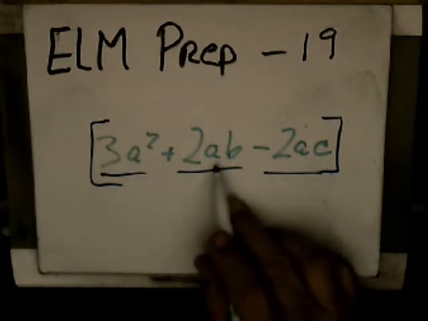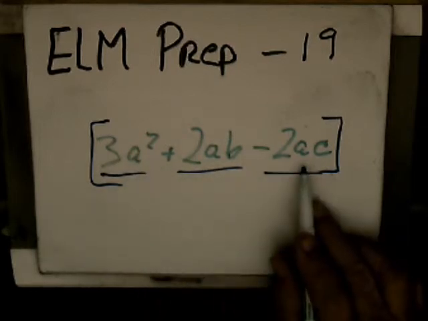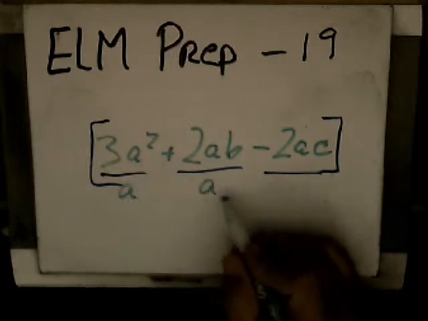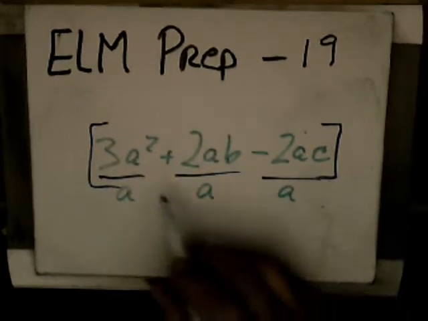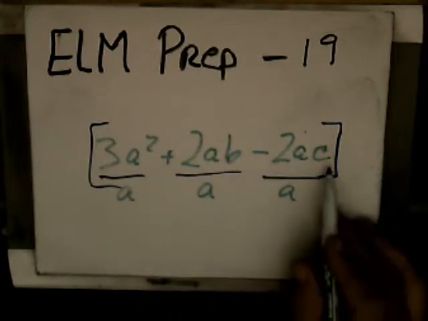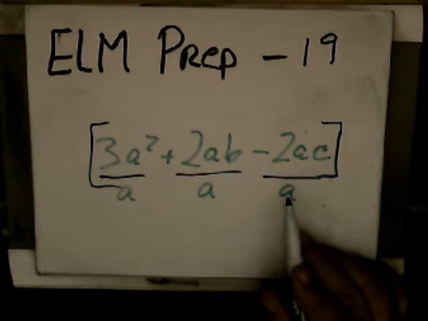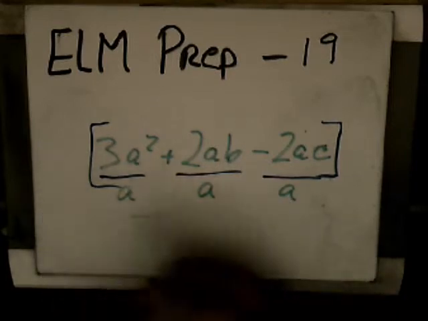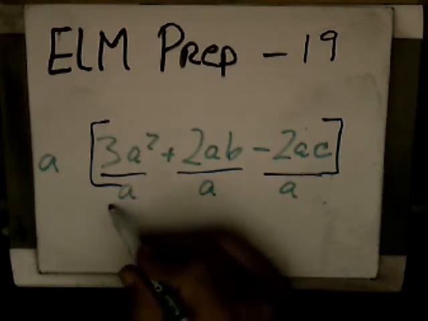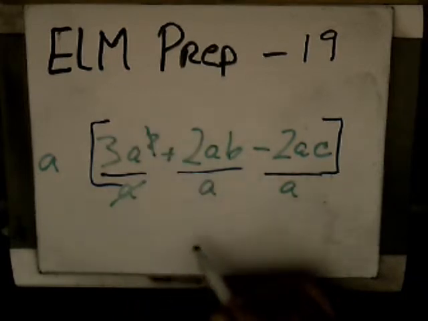I have an A, an A, and an A. I have A's in all of them. I have 1A, 1A, and 2A, so I'm going to take the lesser number of A's out. I have no B here, I have a B here, and no B here, and I see nothing I can do. The rest of the letters are staying behind. So I divided by A, so I'm going to bring that outside to multiply by it. I had 1A here, that took away one of those.